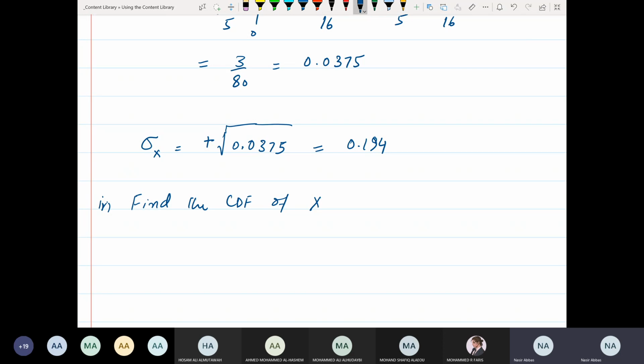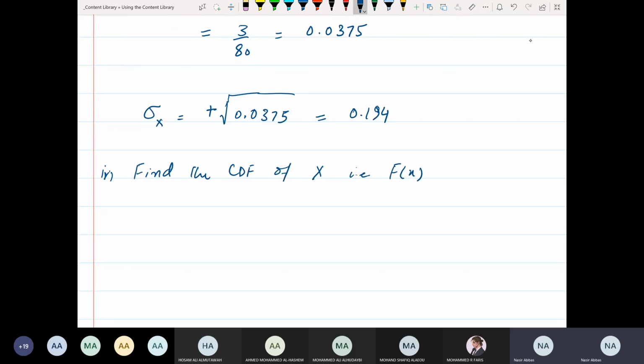Now to find capital F of x, you start with this. This is going to be the integral, the lower limit, that is 0, all the way up to d. Now you integrate it, which is 3x cubed divided by 3 from 0 all the way up to d.